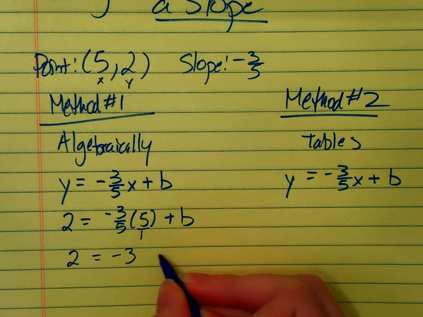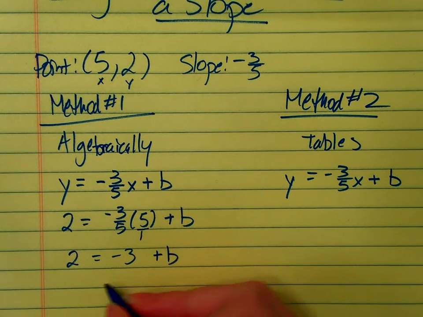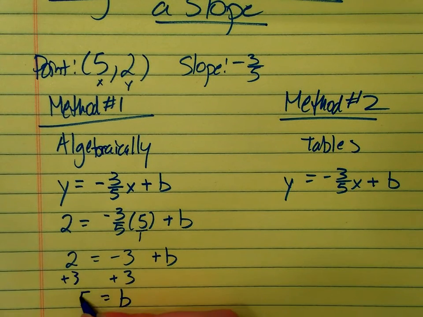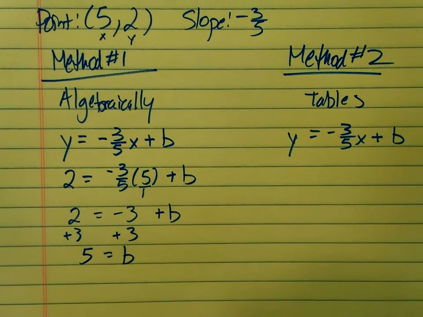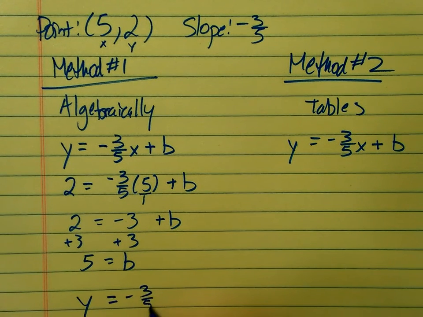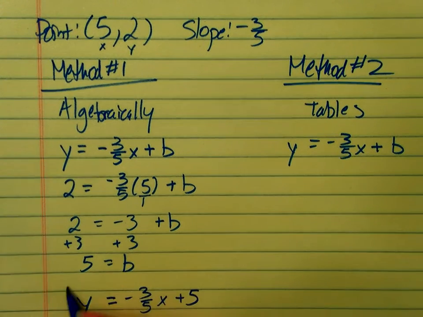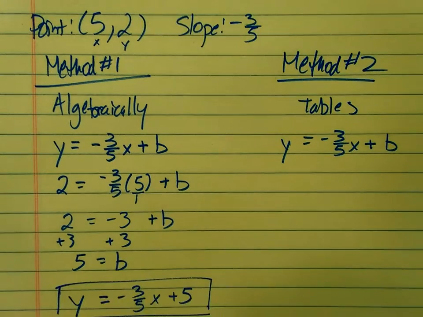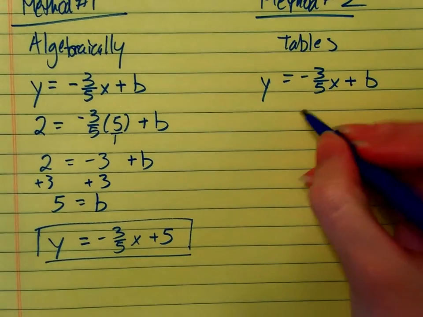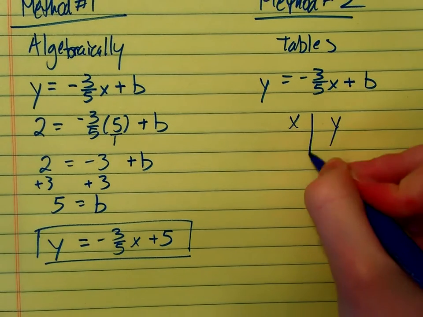I don't care either way. Plus b. Add 3, you get your b, aka your y-intercept, is 5. So your final equation is y equals negative 3/5 x plus 5. And you're done.